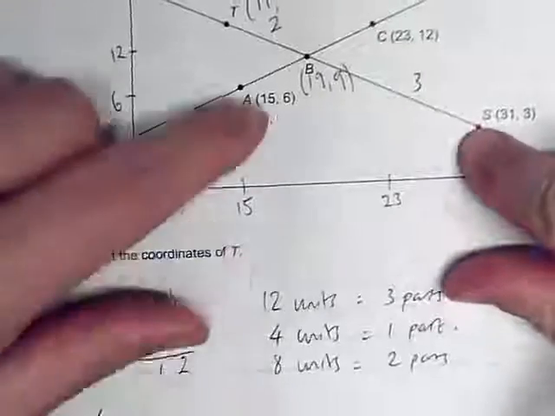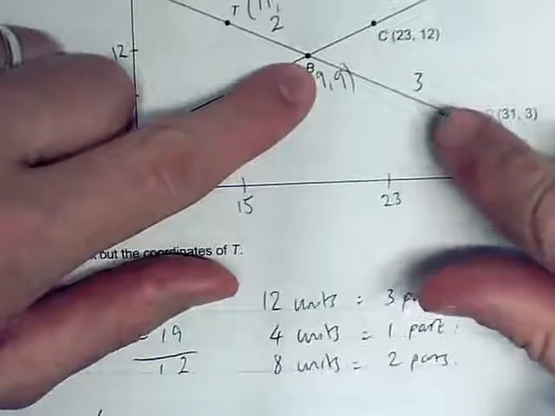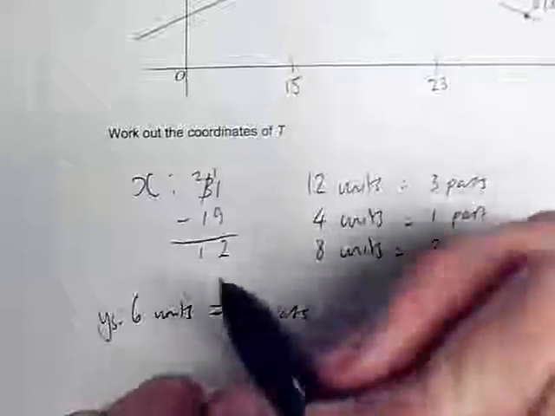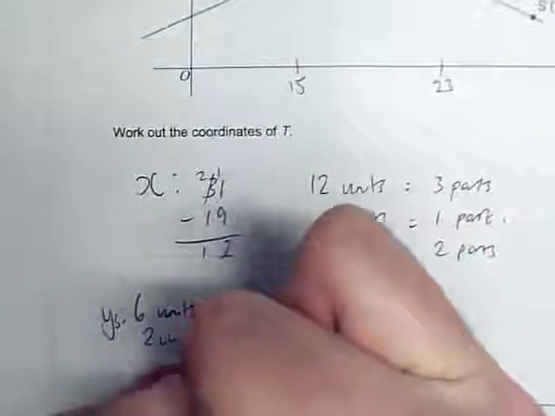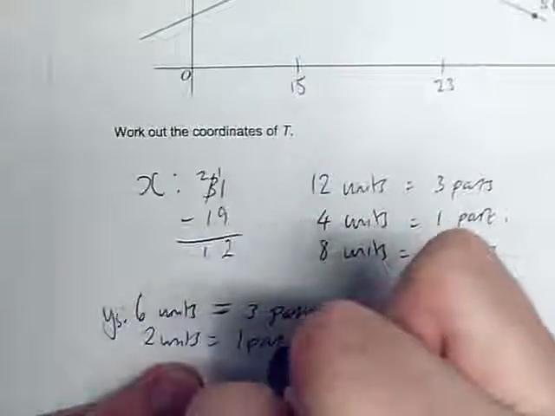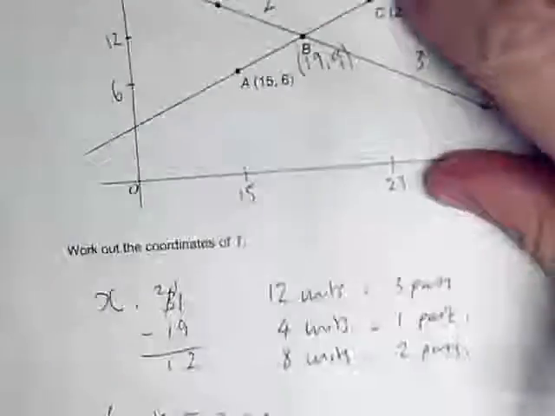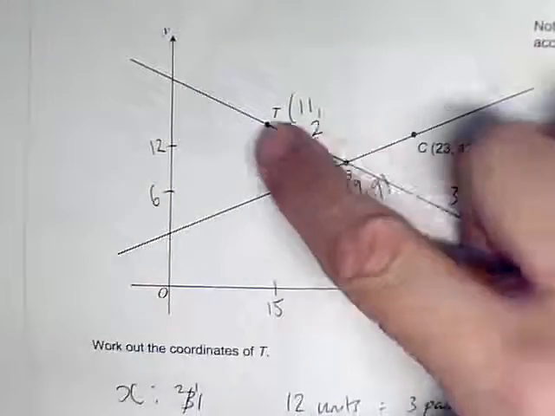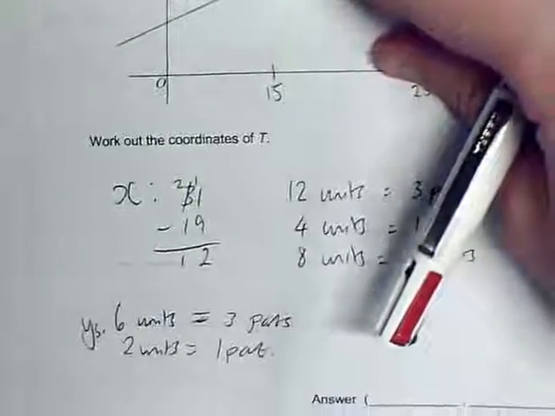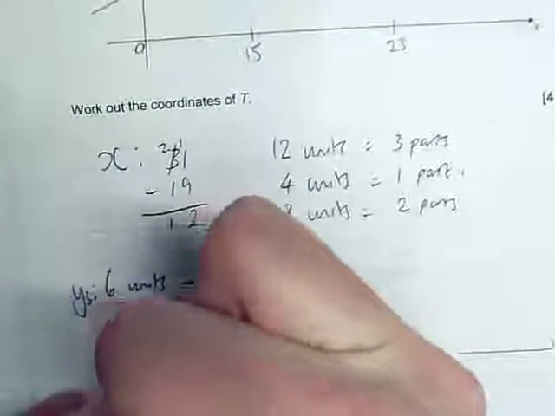So in terms of the Y's, 6 units is 3 parts, therefore 1 part is worth 2 units, and 2 parts will therefore be worth 4 units.